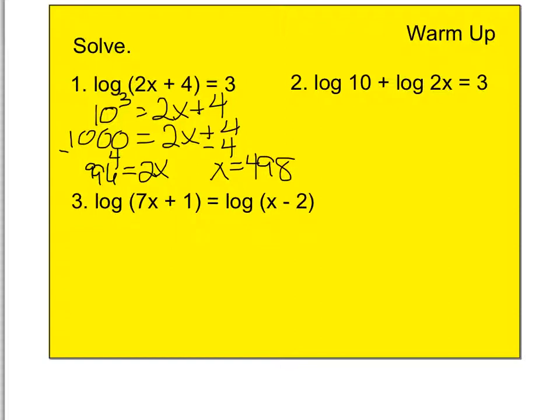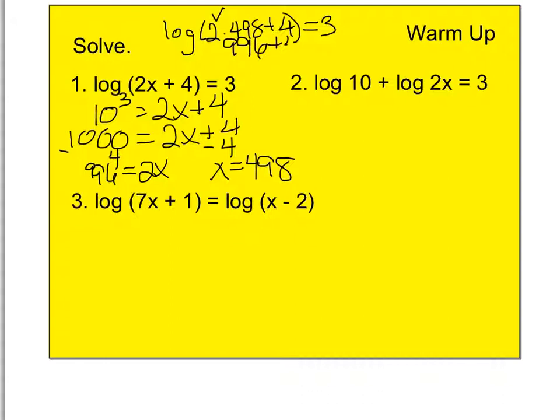We're going to go ahead and check that one. So for the check, log 2 times 498 plus 4 is equal to 3. Well, 2 times 498 would be 996.